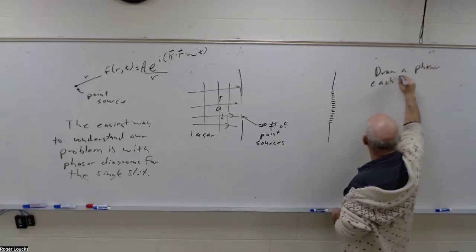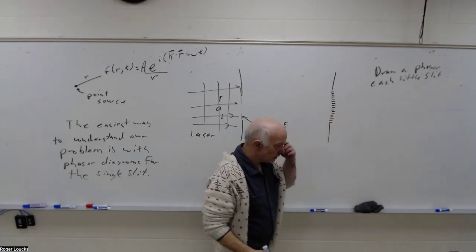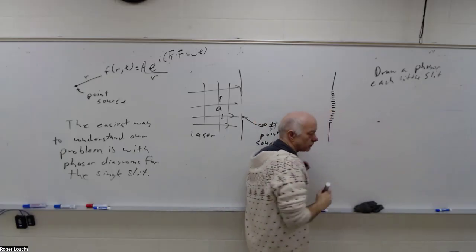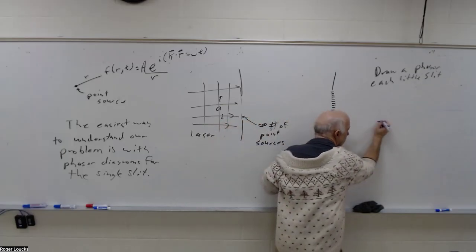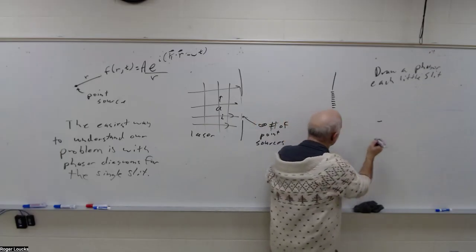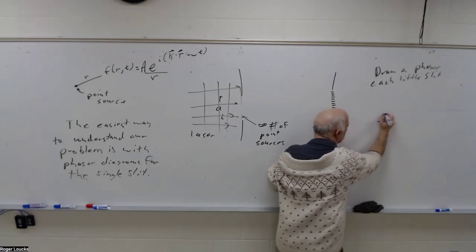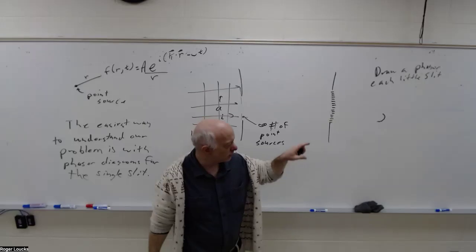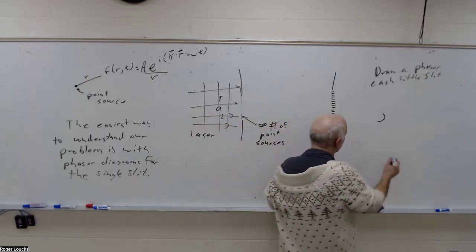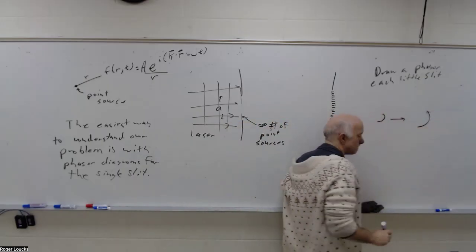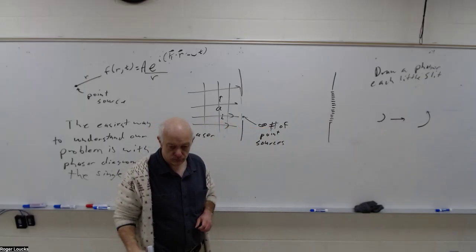I'm gonna have the first phasor like this, and then it's gonna make some phase angle with the second phasor, and then with the next one, next one, next one. If I keep making these smaller and smaller, what is that diagram gonna become? It's gonna become an arc. So this is gonna go to some sort of arc like this.